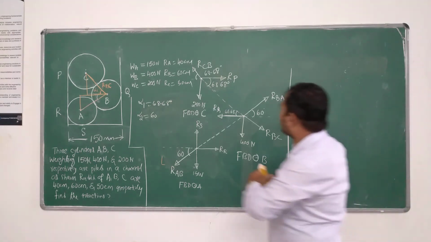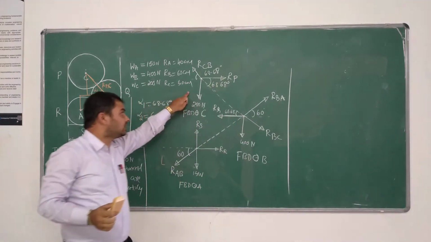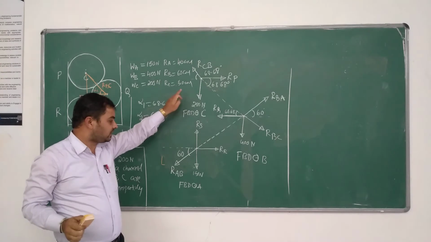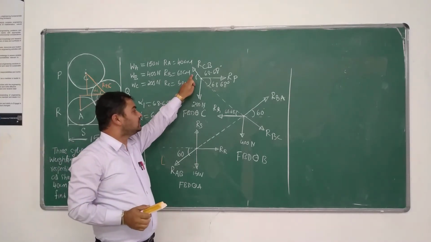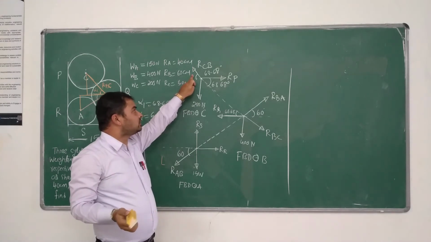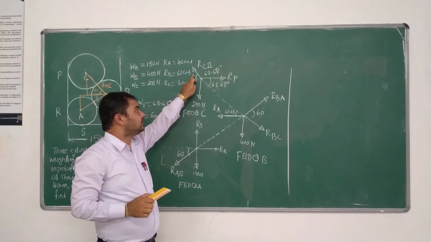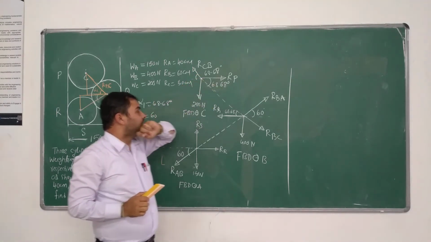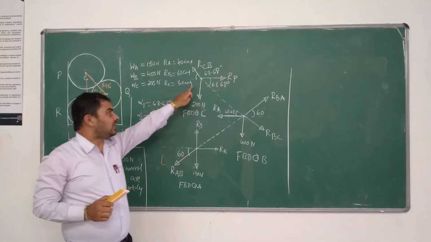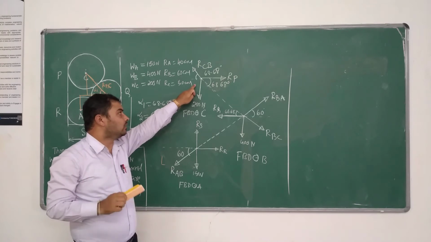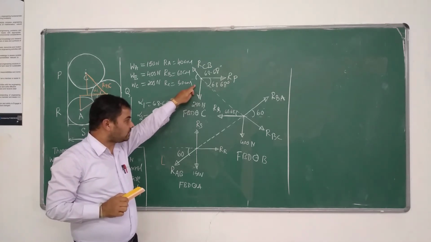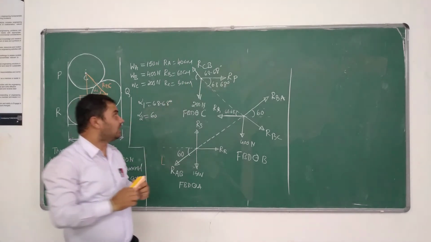Okay. So to calculate the reactions, just check the number of minimum unknowns. If you see all the 3 free body diagrams, the minimum number of unknowns is in the cylinder C, that is RCB and RP. So we can use Lami's theorem or we can use the conditions of equilibrium to calculate the unknowns. Now I am going to use Lami's theorem for the free body diagram at the cylinder C to calculate the unknowns.